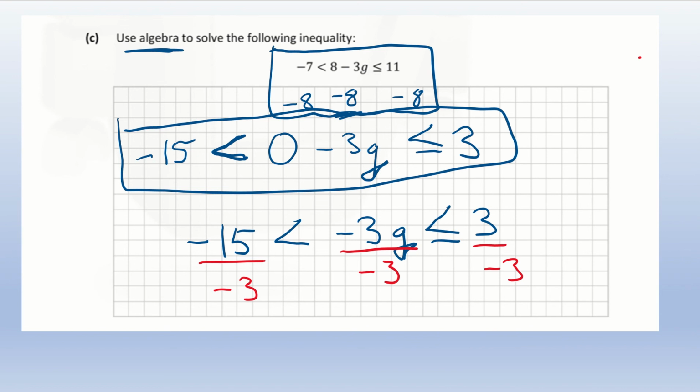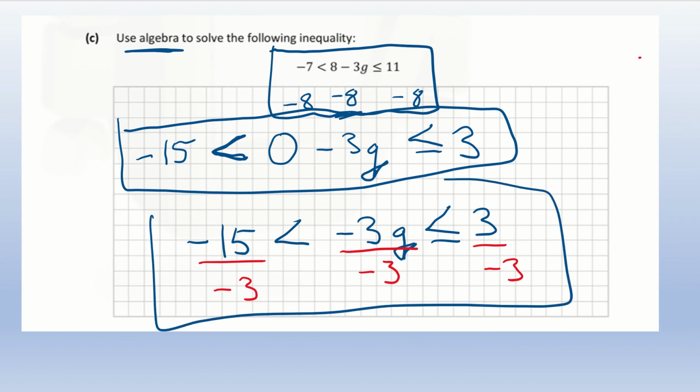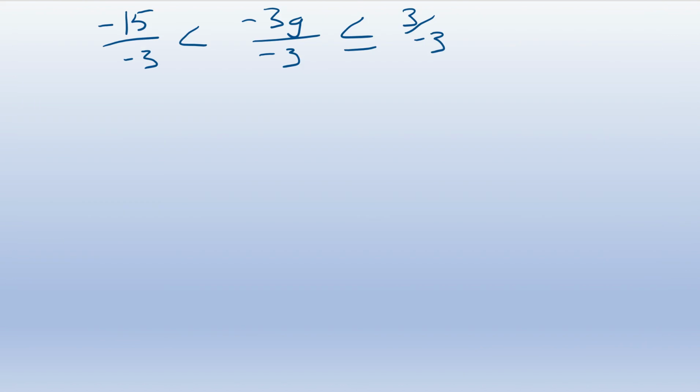So back to the question that we had. We're in this scenario here, and we're just after dividing everything by a negative number. So I'll write that out again, so I have more space. I'm going to do these 3 sums first, and then we'll worry about the direction of the signs in the middle.